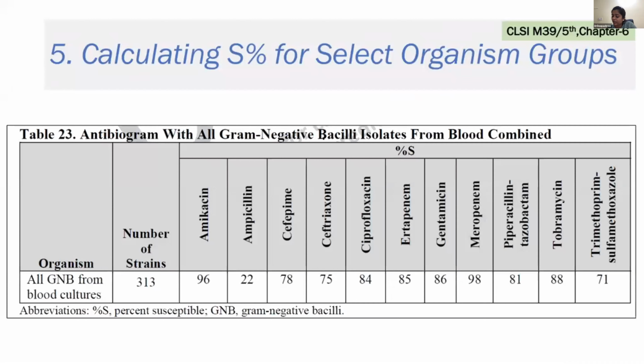It will give an overall picture for the clinician regarding what agent could be chosen once we inform the gram stain report to them, because in blood culture the communication happens at all levels. We tell when the bottle is flagged, then we inform the gram stain report, then we tell the ID and direct susceptibility report, then we tell the confirmed susceptibility and definitive ID. So at all levels we can help the clinician to choose the correct antibiotic.